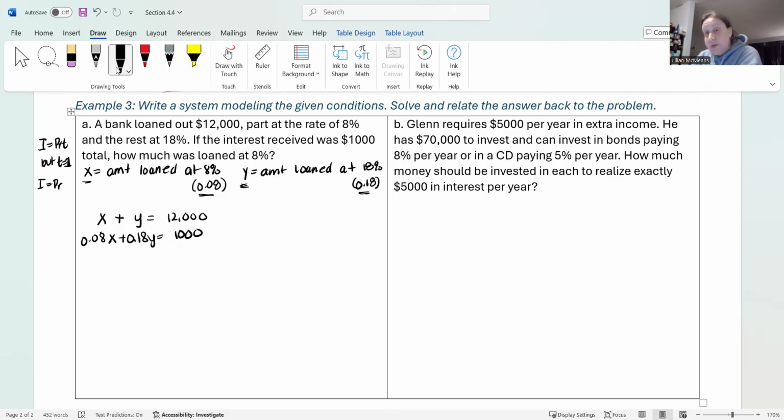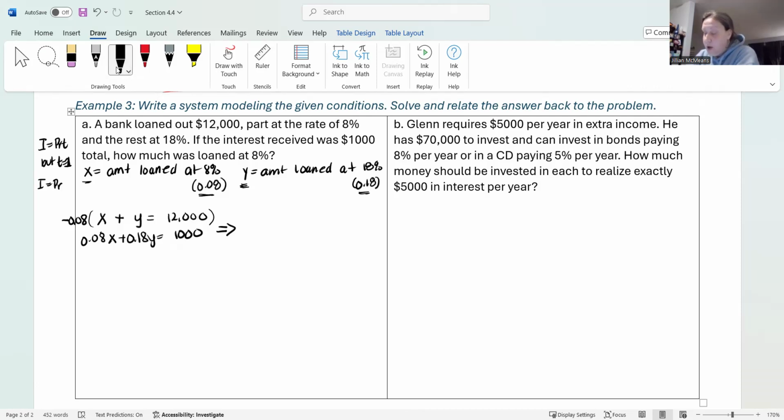Since the second equation has a coefficient of 0.08 on x, we want to make sure the coefficient on the first x is negative 0.08. That way, when we add, the x's just add up to become zero, and that leaves us with just an equation in one variable. So I'm going to multiply the entire first equation by negative 0.08.